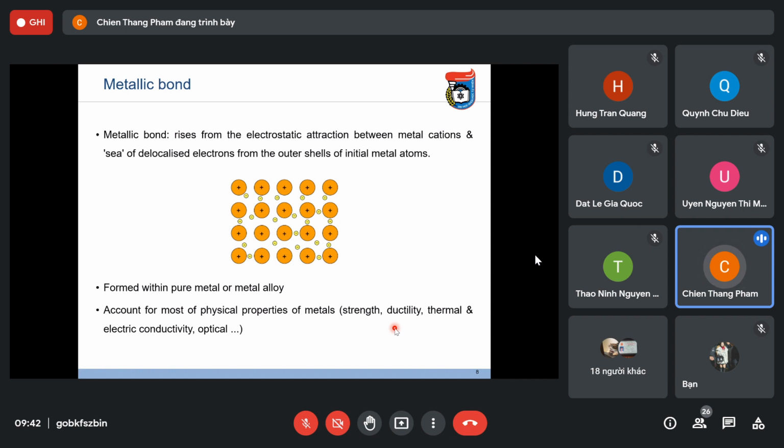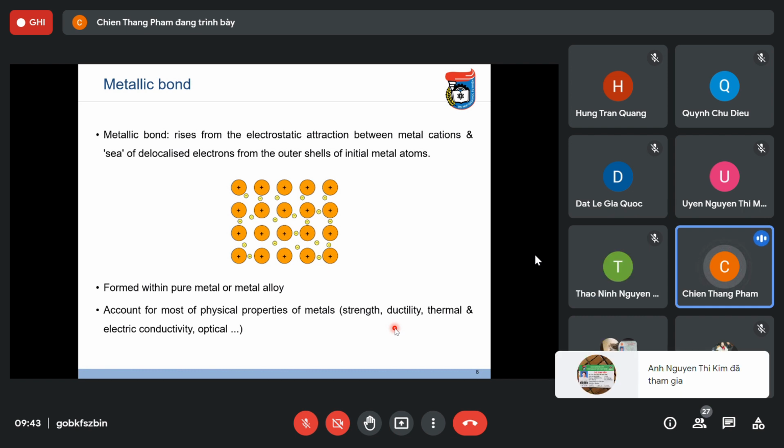There are many theories to describe the metallic bond, and in these lectures I will consider one of the simplest, which is the electron sea model. When you learn more in another course, for example materials chemistry, there are other methods to describe the structure of metals.